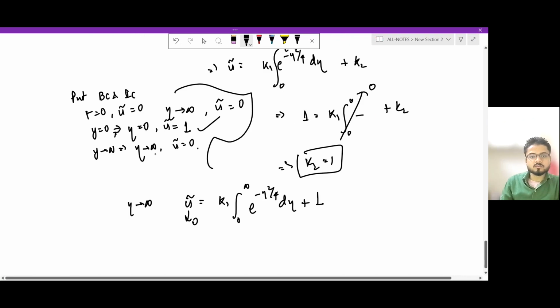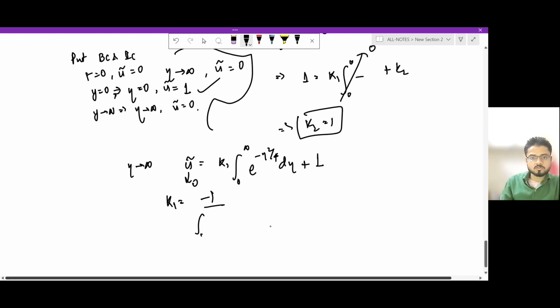And here it is 0. So k1 is equal to minus 1 over integral 0 to infinity e to the power minus eta squared over 4 d eta. Here we've got k1 as well.